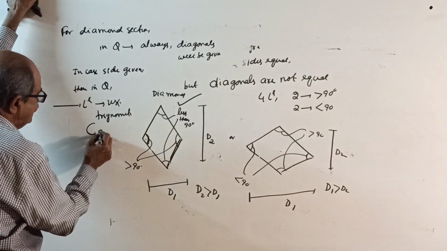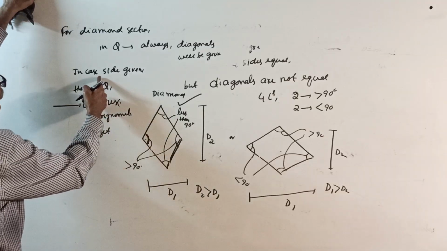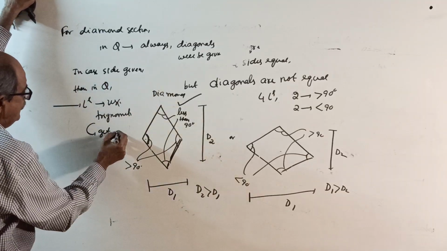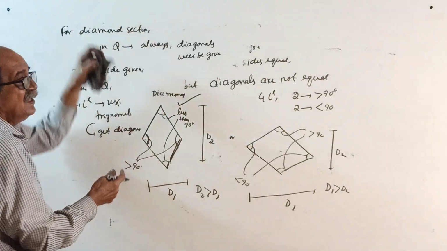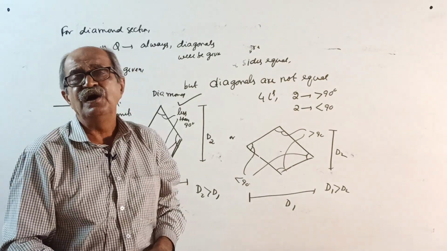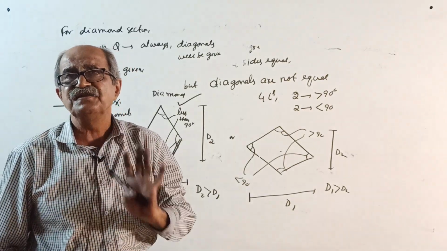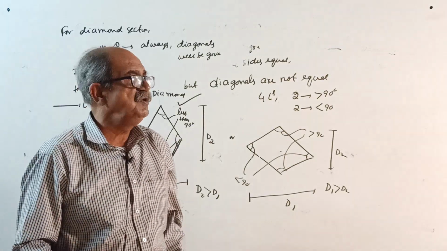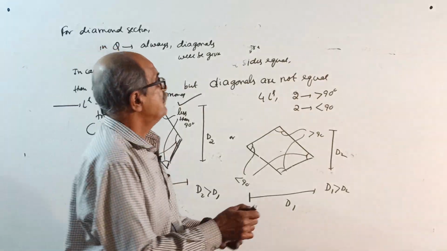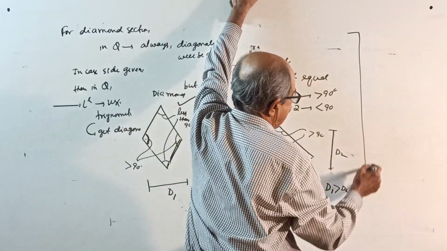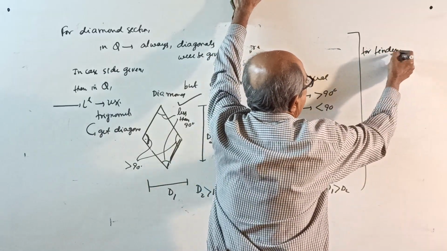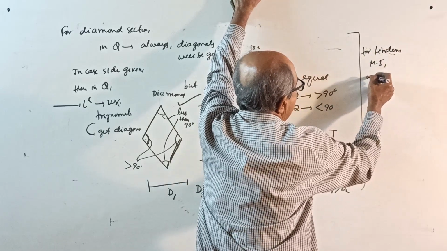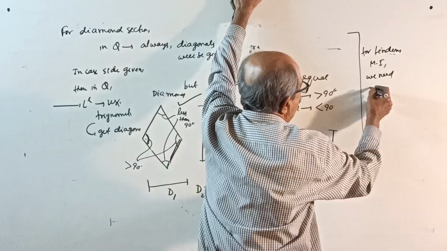And get the what? If in case side is given, get the diagonal. Because for finding moment of inertia, we always require diagonals. That's why we want the diagonal. Remember, make a note here: in both cases for finding moment of inertia, we need diagonals.